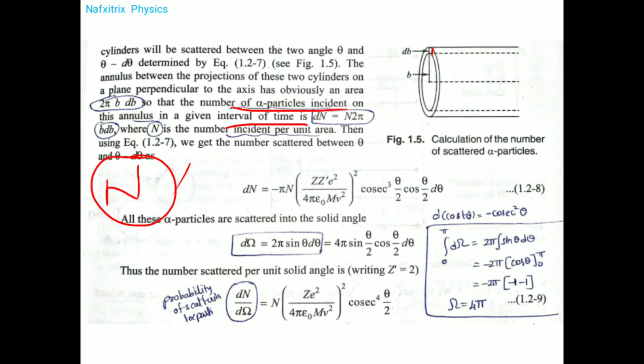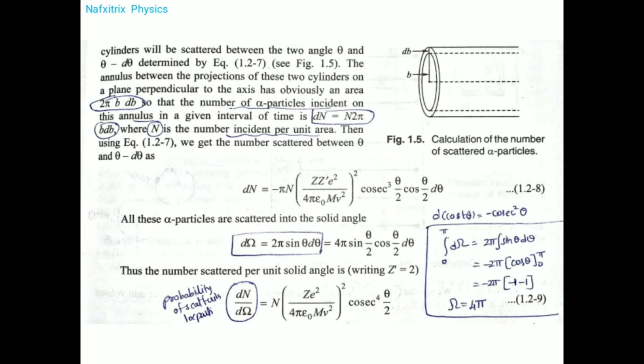So if we multiply n with 2 pi b db, we would get the alpha particles falling in this much area. n is the alpha particles falling in unit area, but we require it for this much area, so we just need to multiply them both. Where n is the number of incident particles per unit area, we get the alpha particles scattered between theta and theta minus d theta.